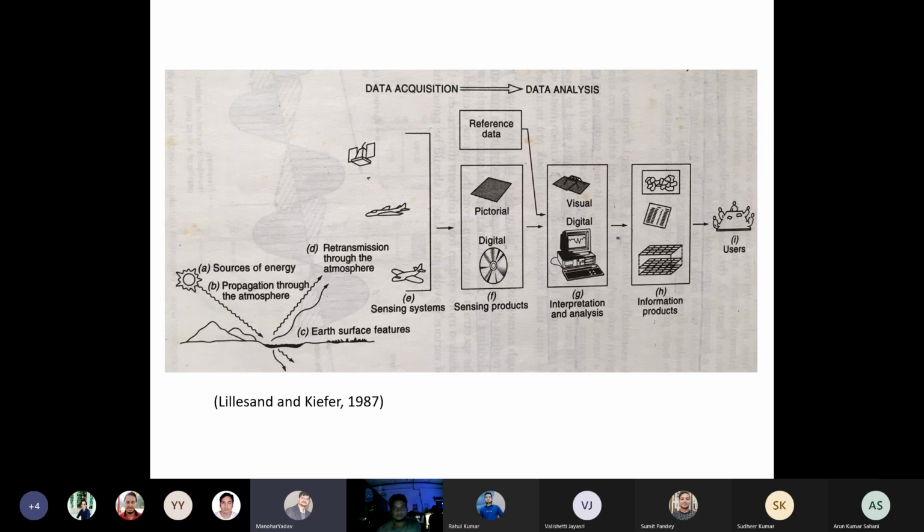That is a type of sensing product, and we do the interpretation at step G. You will learn this again in the second semester, but in this particular course we will have a brief discussion on LiDAR technology. All the advanced courses that you will learn in the second semester will have a brief discussion in this course, as you can also see in the syllabus. That is listed there.